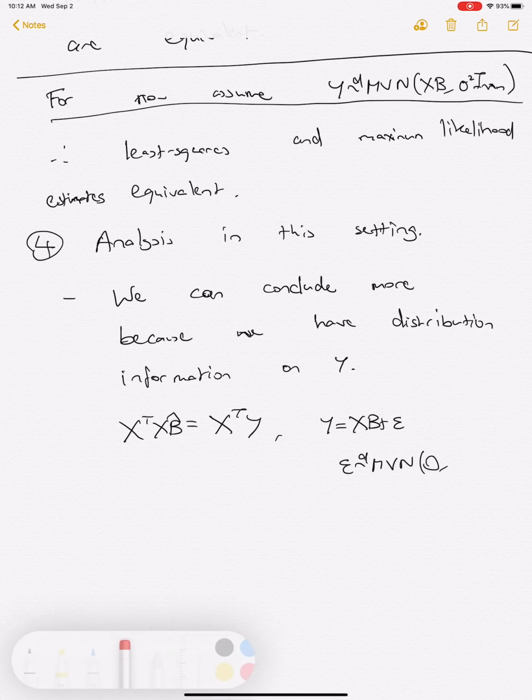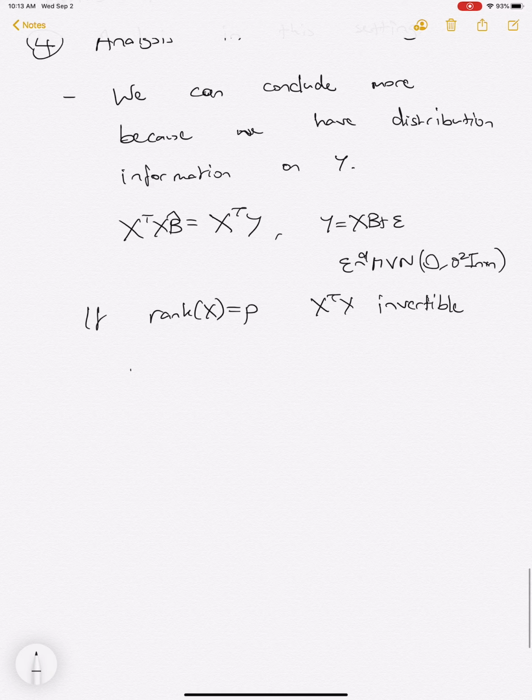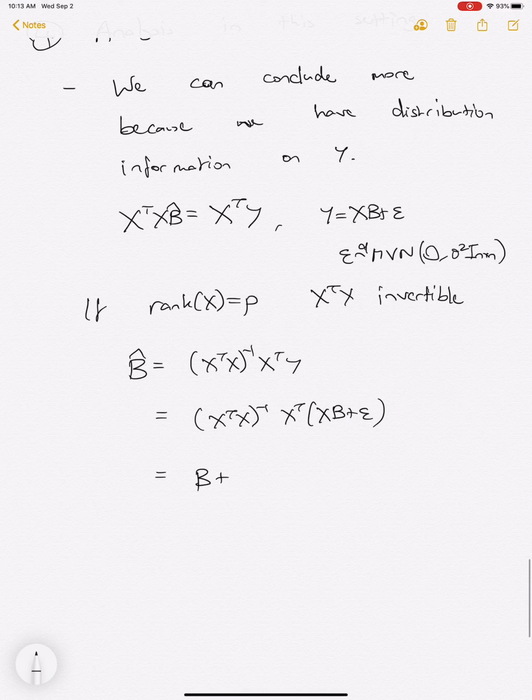So if rank of X equals p, so X transpose X is invertible, then, again, this is a calculation that we've seen before, b hat is equal to b plus X transpose X inverse X transpose epsilon.